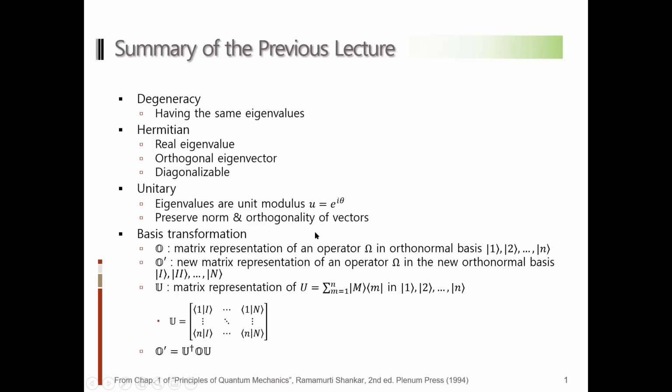Finally, at the end of the last lecture, I also spent some time on the basis transformation. If we denote the matrix representation of some operator in some orthonormal basis with this notation, we can think about a new orthonormal basis, which I represented here using Roman numerals.